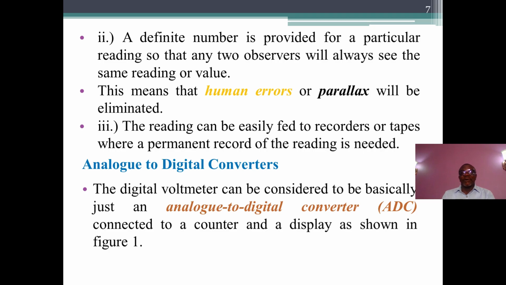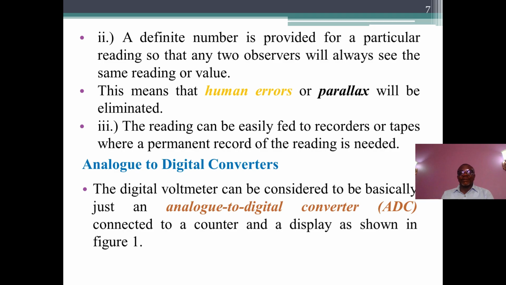If you recall, in our first lecture on instrumentation and measurement, we said that this is the human error called parallax, and it is very, very prominent in analog scales, analog meters, the big source of error. So the DVM eliminates that error completely, called the parallax error.